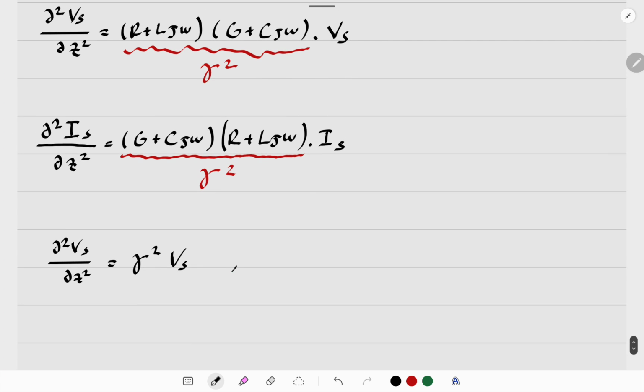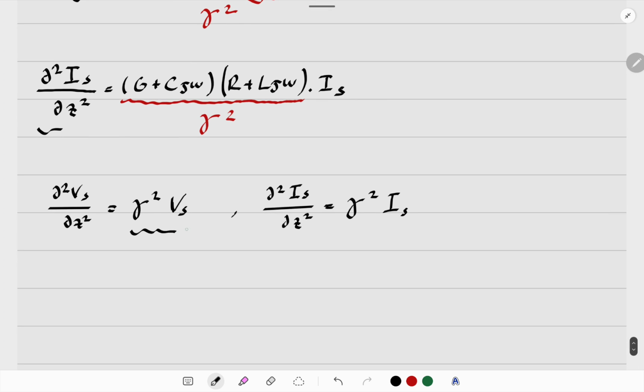And also for this one, you can say that del square, I'm sorry, not Vs, this time Is divided by del Z square equals to gamma squared times Is.